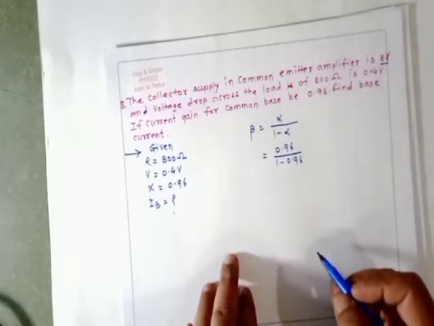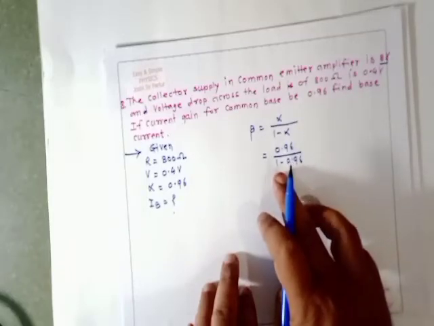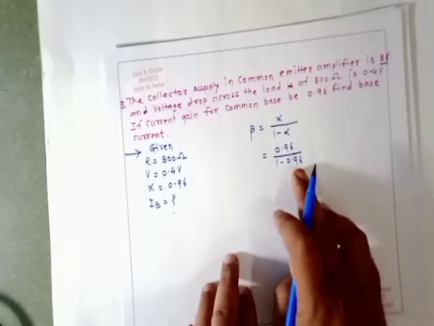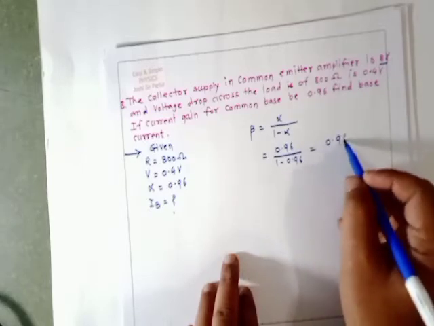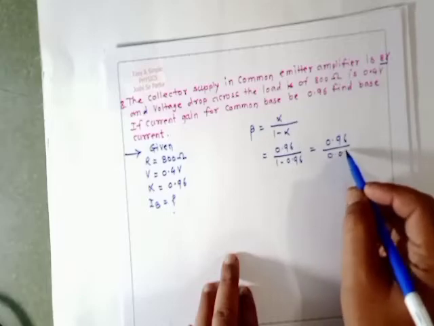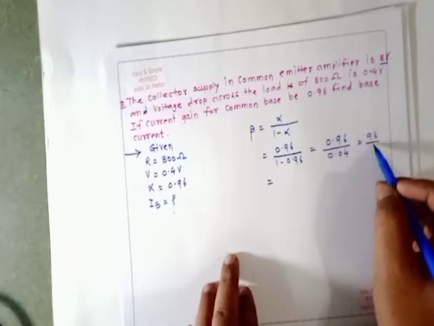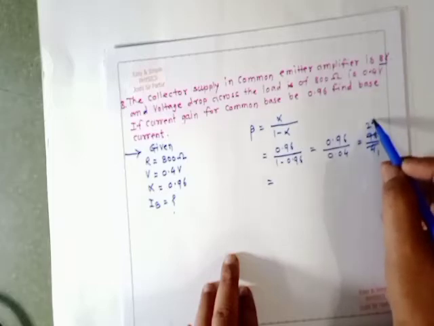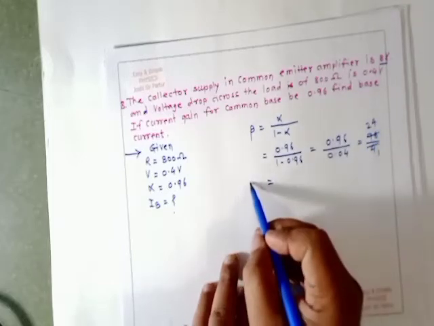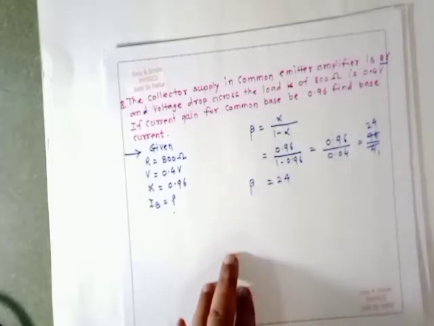Subtracting 1.00 minus 0.96, it will be 0.96 upon 0.04, means 96 upon 4. That will be 4 1 the 4, 4 2 the 8, and 4 4 the 16. So beta becomes 24.